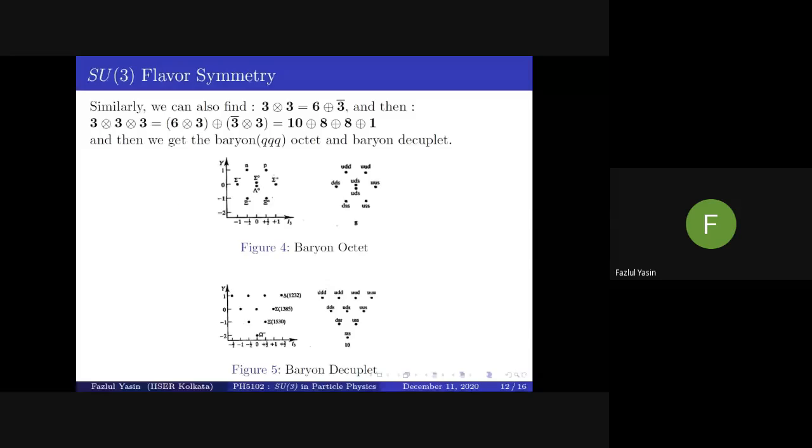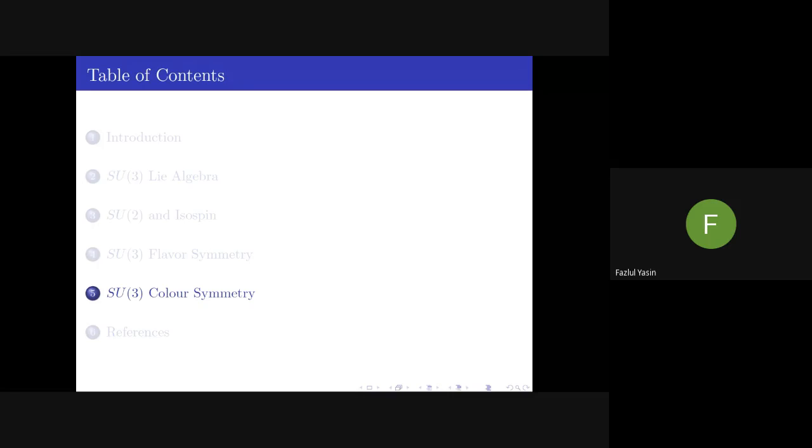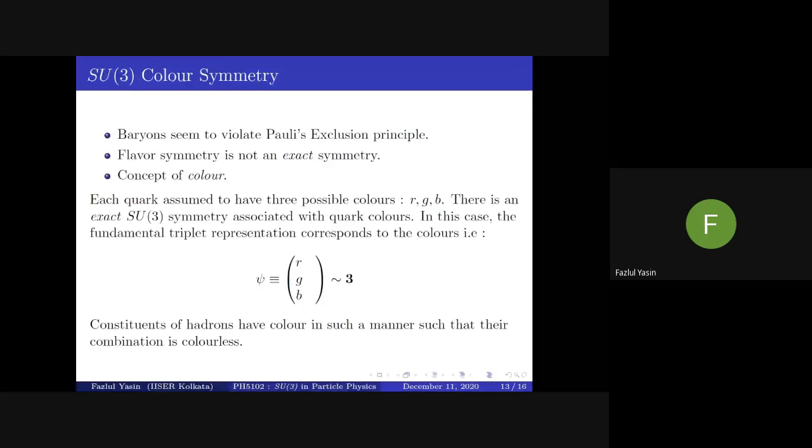The extra degree of freedom for quarks was added, which was known as color, and color also applies as an SU3 symmetry. Now, each quark is assumed to have three possible colors: red, green, and blue.